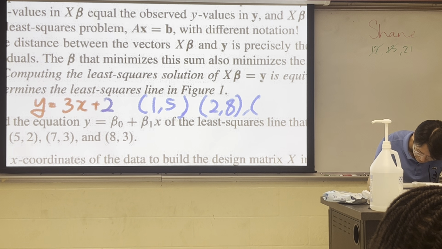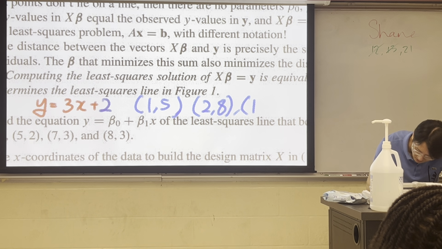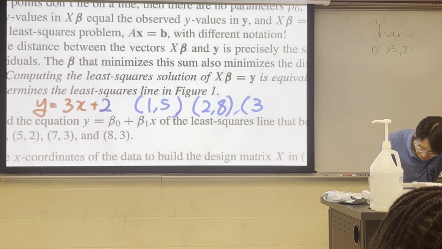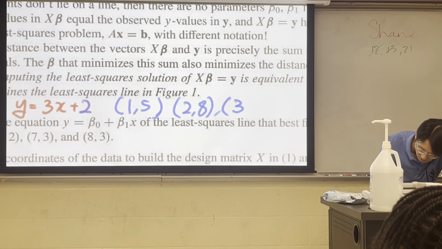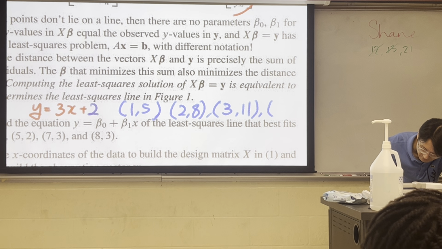What is it? 11. Oh, wait, I thought you were looking for when x was equal to 3. Yes. When x is 3, what is y? 11? Okay. What about 4? 14?